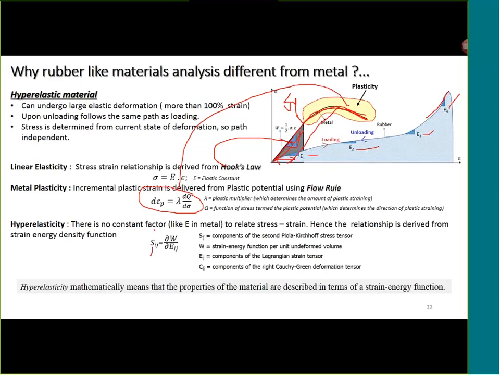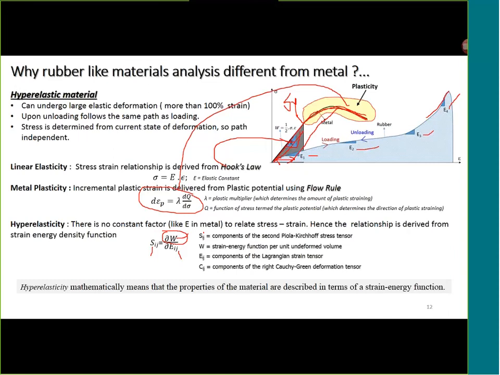So the S here means the stress, this is the strain energy, and this is the strain. We can write a strain energy density for any material in terms of the displacement or stress and strain relation.